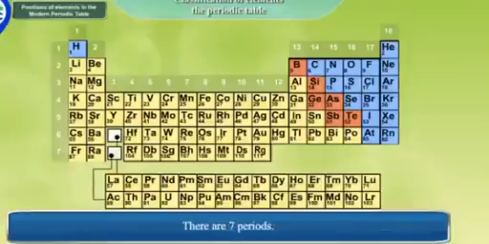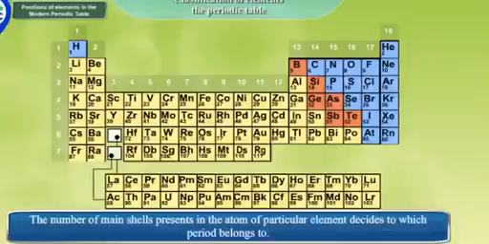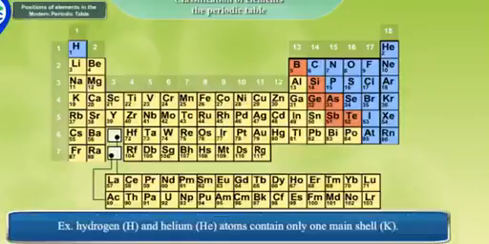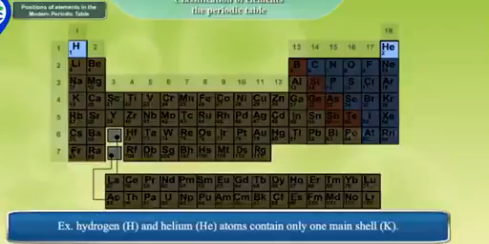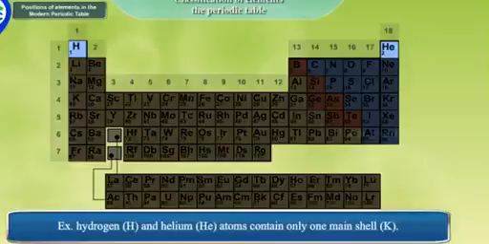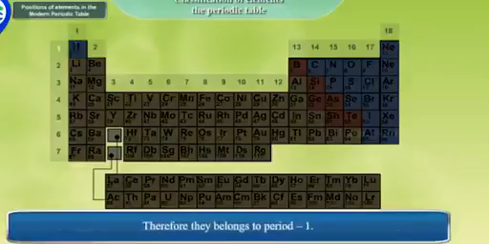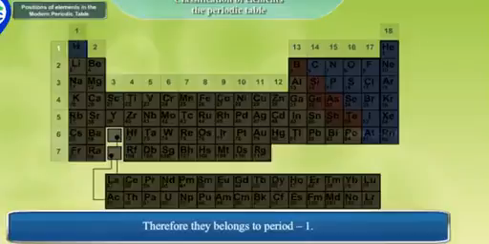There are 7 periods. The number of main shells present in the atom of a particular element decides to which period it belongs to. Example: hydrogen H and helium He atoms contain only one main shell, K. Therefore, they belong to period 1.